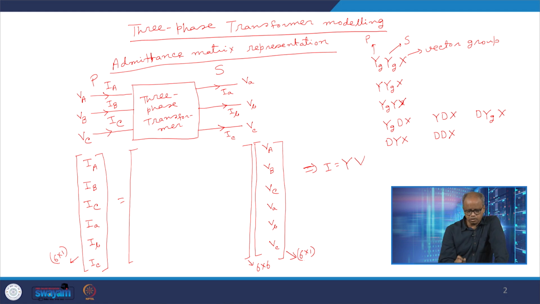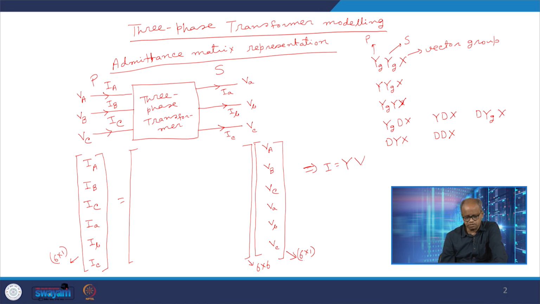So, when we are talking about the admittance matrix representation of a three-phase transformer, we are essentially talking about the determination of this 6 cross 6 admittance matrix of a transformer.